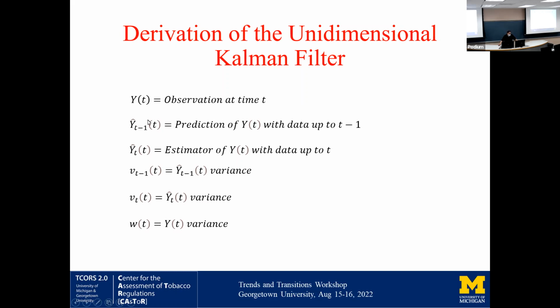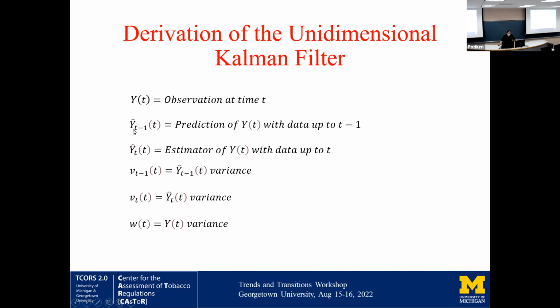It's not a big problem in the interpretation. So we have that observation, and then this is the estimate. This is the prediction of y of t with all the data up to time t-1.